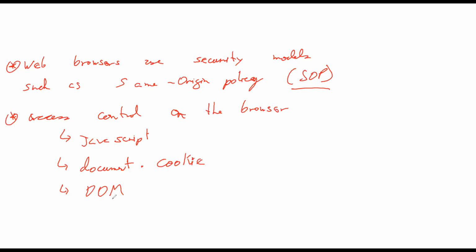So you can then access the tags via JavaScript itself. document.cookie is an example of DOM because you're grabbing the document object and from it, you're accessing the cookie, okay? So this is our basic approach, all right?